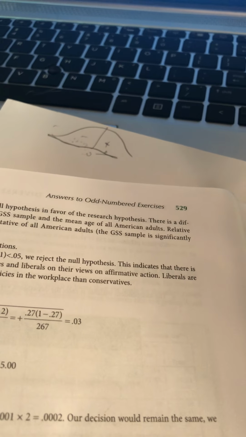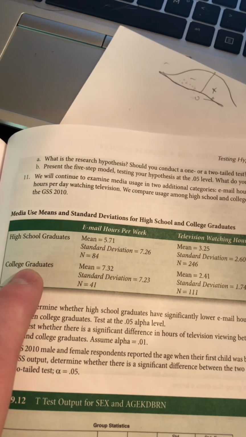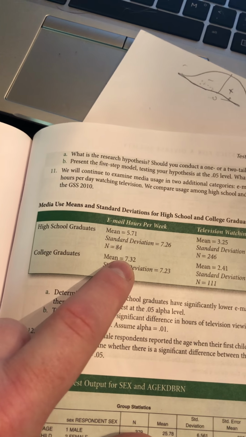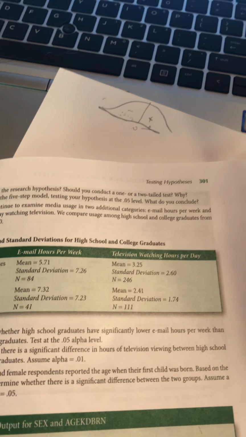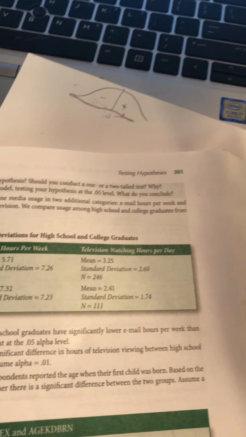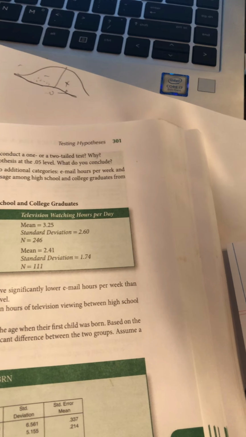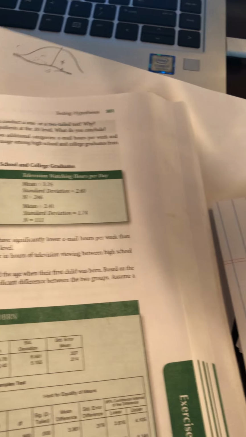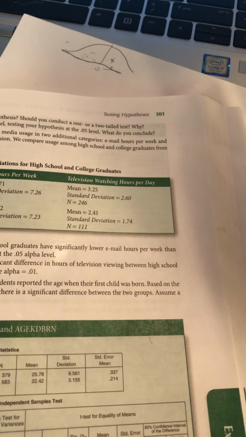So in real words, we would say we're 95% confident that the true mean difference between college graduates and high school graduates is not significantly different than 0. In other words, we can't say with any certainty that college graduates and high school graduates email at different rates, okay?